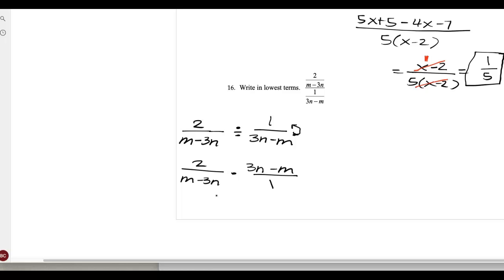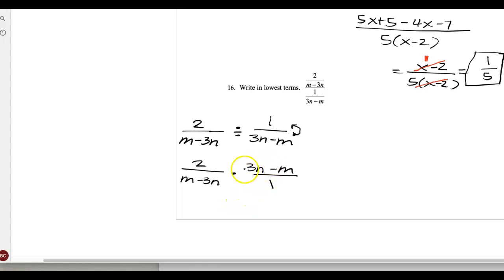From here, you could look at it and go, wait a minute, there's not much I can actually do, because there's nothing I can factor. 3n minus m doesn't factor, m minus 3n doesn't factor. So I could just multiply across the top and across the bottom.